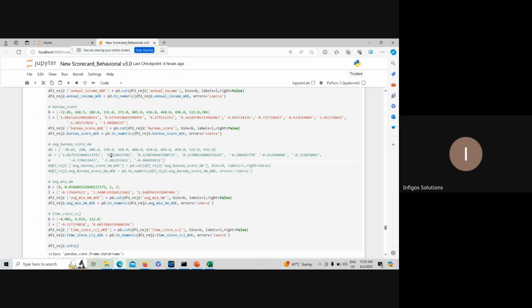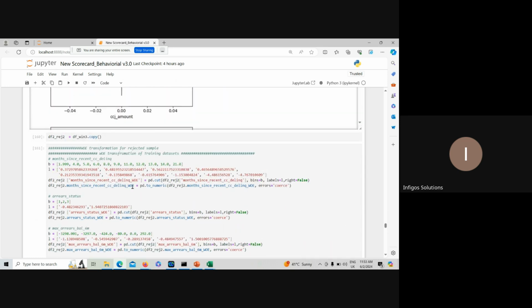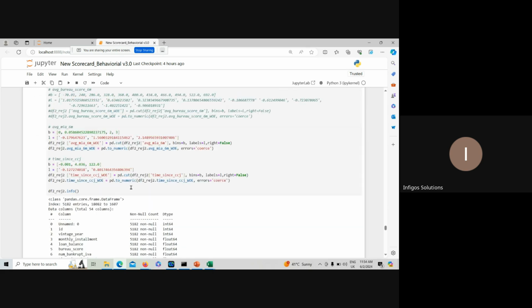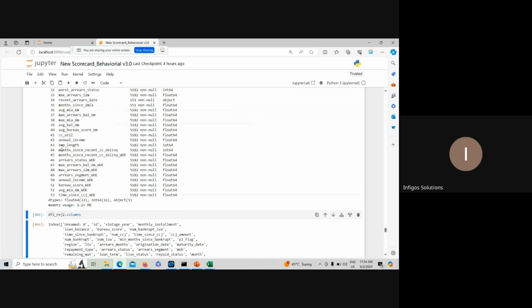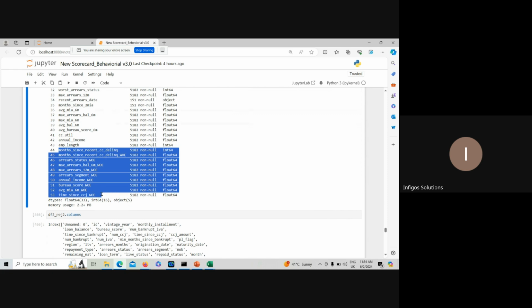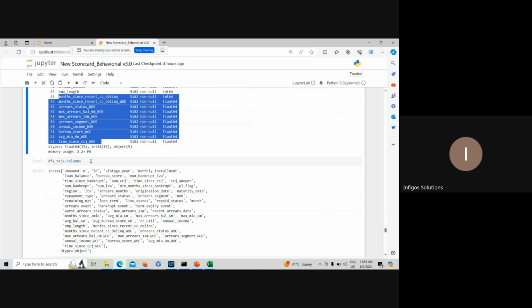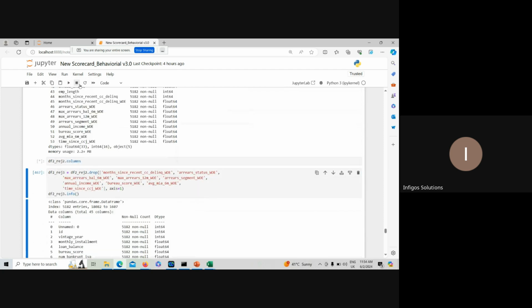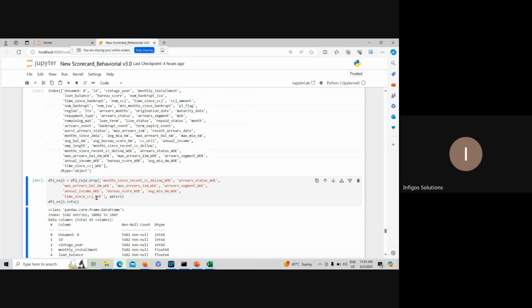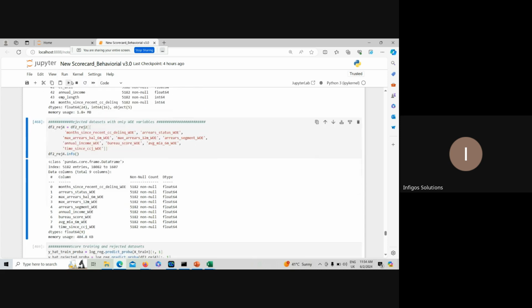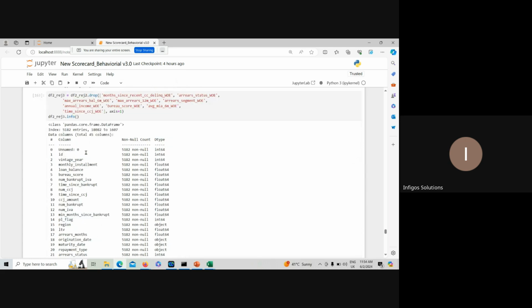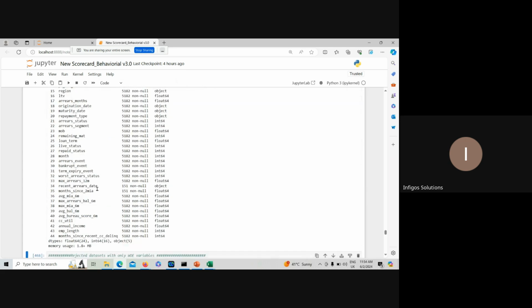Once we do the WOE transformation of the rejected data with the same values, we will get these many extra columns here. We see the columns here. And we will create another data set where we keep only our original data.